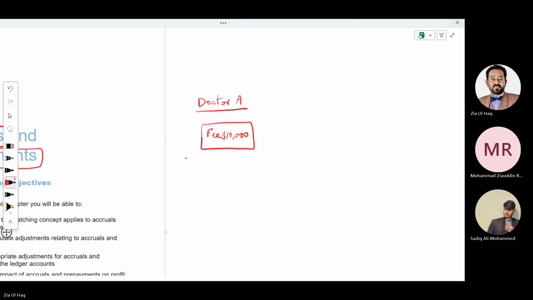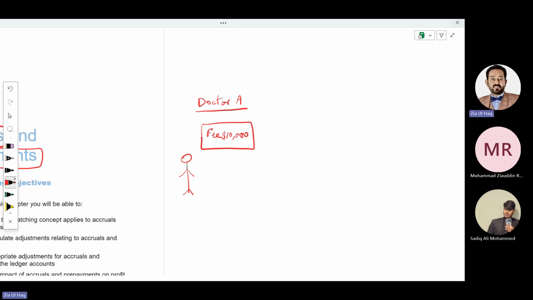A patient visits Dr. A, and after checkup by the doctor, the patient requests some discount and they both agree with each other on a 6,000 fee.